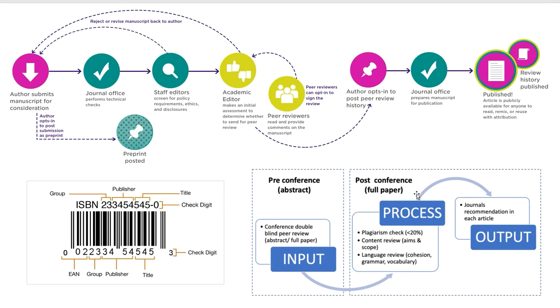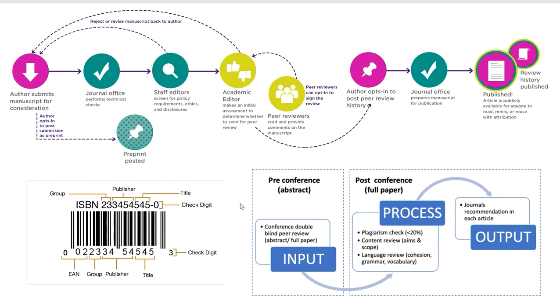That means they call for the full paper or camera-ready paper. Then plagiarism is also checked; in some cases 30%, 20%, and Scopus also looks for below 10%, like 8%. Then content review, aims, goals and objectives, language review, coherent grammar check and vocabulary are also checked. Finally the accepted papers go through the journal office, significant reviews, copy editing and proofreading, and finally come under publication.